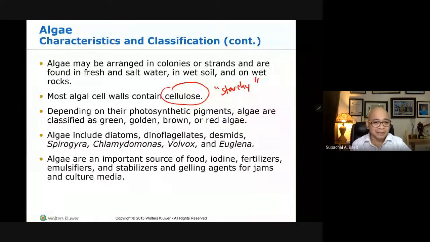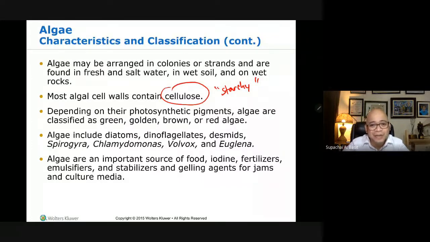Algae include diatoms, dinoflagellates, desmids such as Spirogyra, Chlamydomonas, Volvox, and Euglena. These are examples of algae.